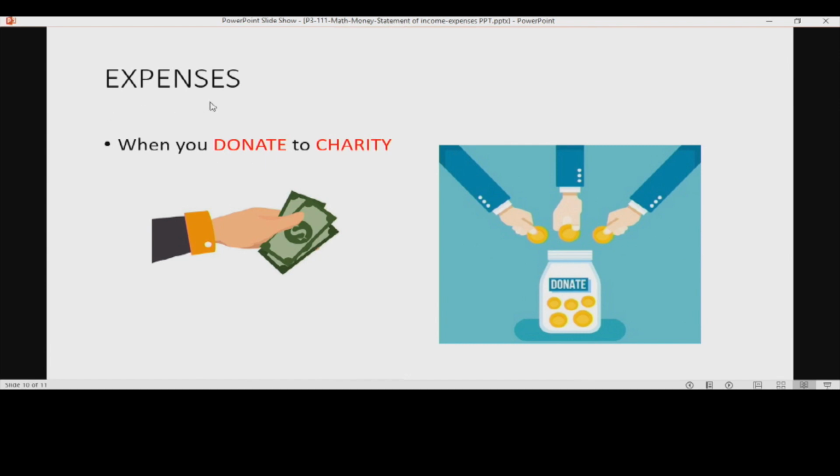So expenses, when you donate to charity. Yes, you'll see in some places they have a box like this, and on it it says donate. And if people have any spare money, they can put their money into the box, and then it will go to a charity.